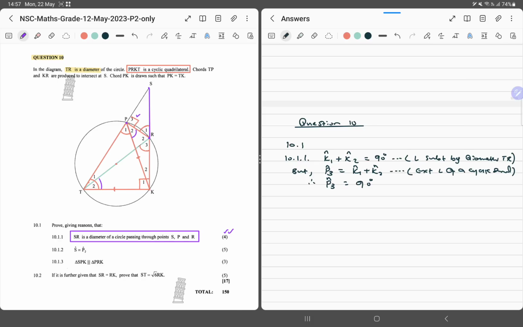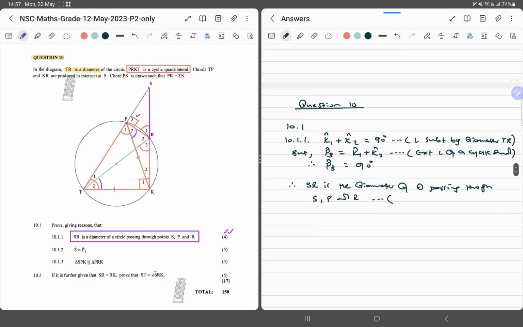And if P3 is 90 degrees, therefore SR is the diameter of the circle passing through S, P, and R. What is the reason?